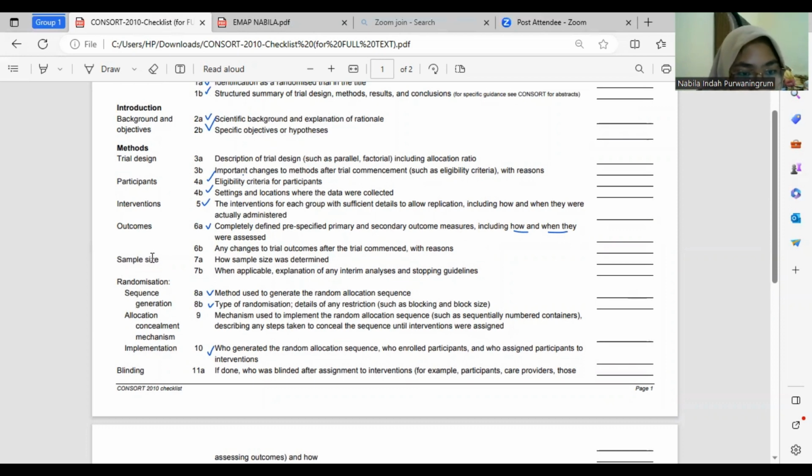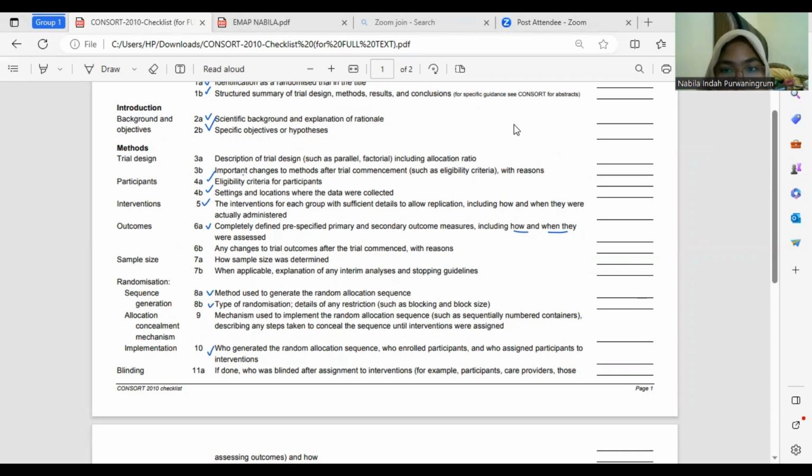Okay, next we are going to look at the sample size, items 7A and 7B. 7A: how the sample size was determined. The elements of the sample size calculation are the estimated outcomes in each group, the type 1 error, the type 2 error, and for continuous outcomes, the standard deviation, etc. But unfortunately, we don't have it in this article.